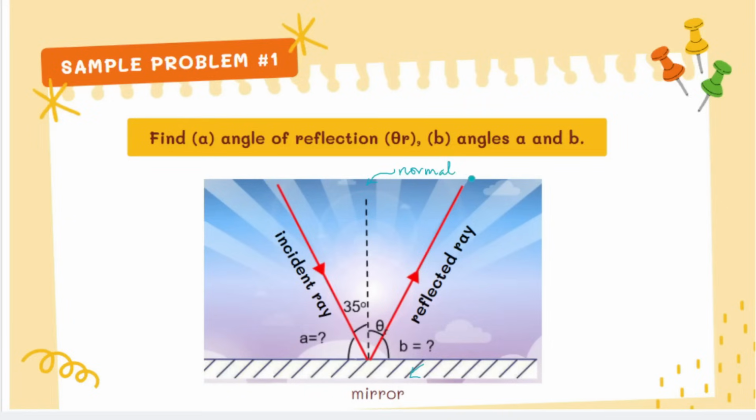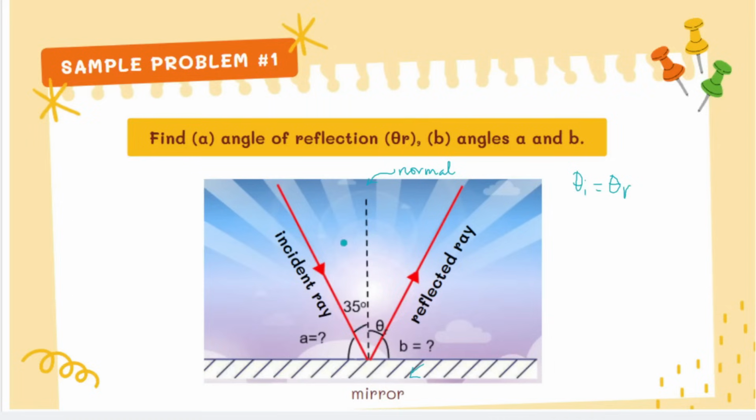Alright, so going back to our question, we are asked to find the angle of reflection, theta r, and the angles A and B. Going back to rule number 2 or the second law of reflection, sabi natin, the angle of incidence is equal to the angle of reflection. Remember, the angle of incidence and the angle of reflection are measured from the normal.